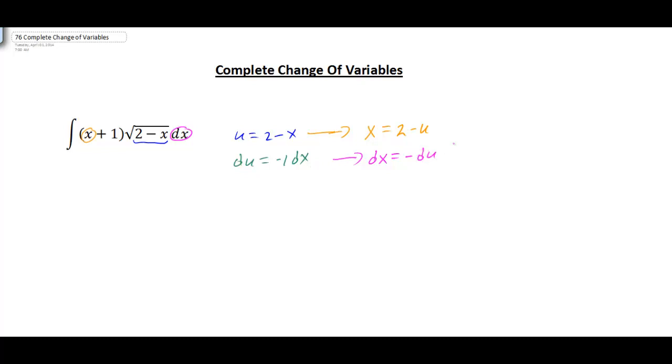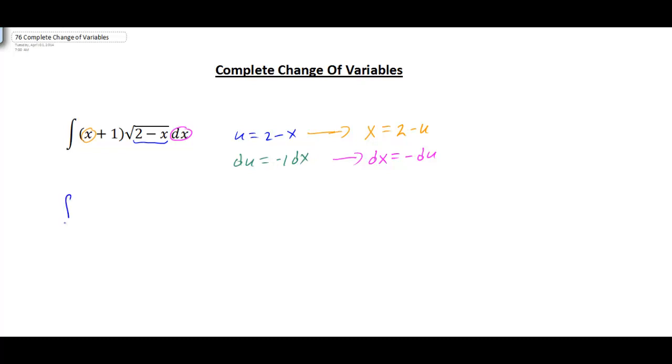So what we've done here is we've actually solved for every piece. We have our u, 2 minus x. We took the derivative to find du, which is negative 1 dx. And then we solved the first equation for x to get 2 minus u, and then we solved for dx, which would be a negative du.